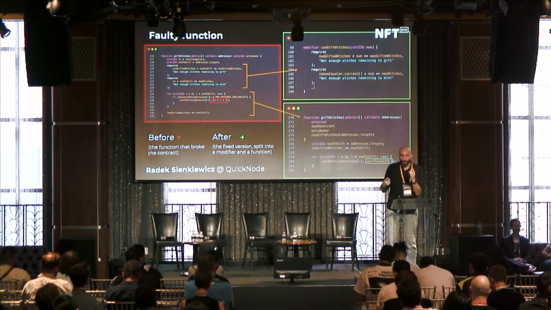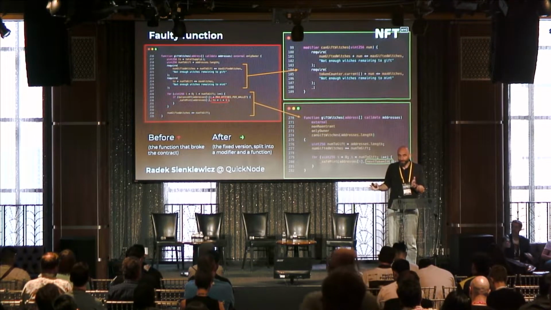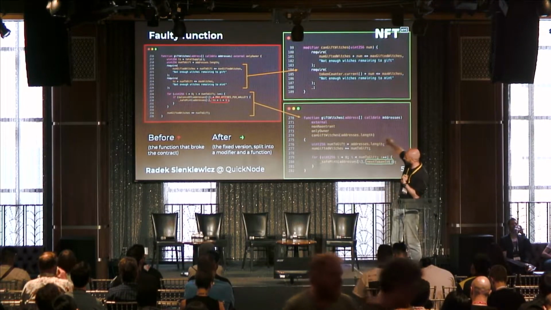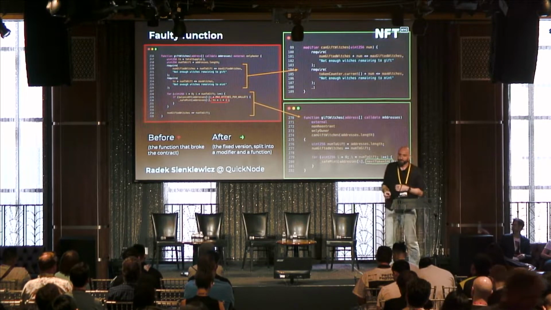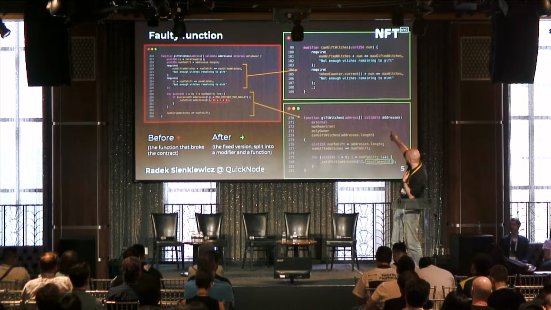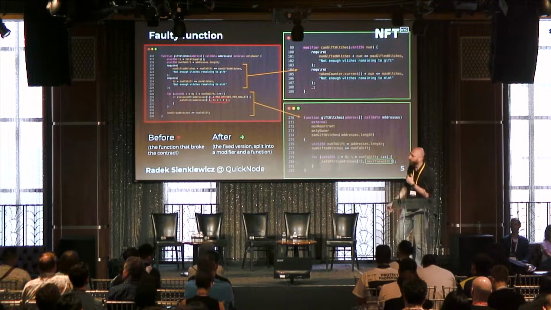The function broke. There was no way to overcome it. The smart contract stopped. There was no way to do anything about it. They needed to relaunch. So this is how they fixed it. They broke it down into 2 different functions. One was a modifier, actually, which we saw previously, which does the job well.